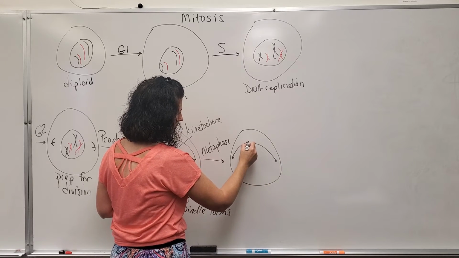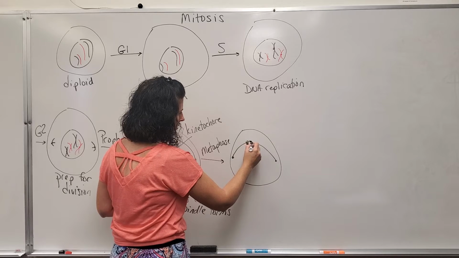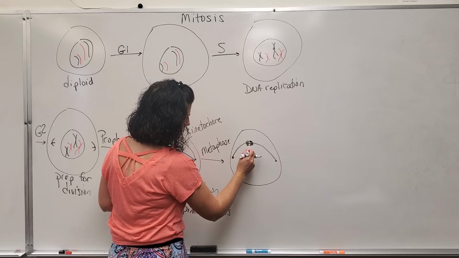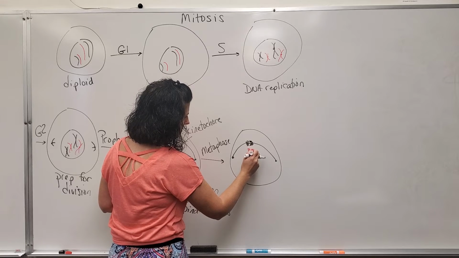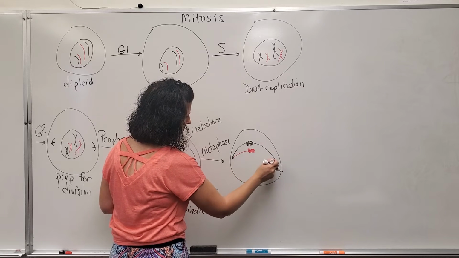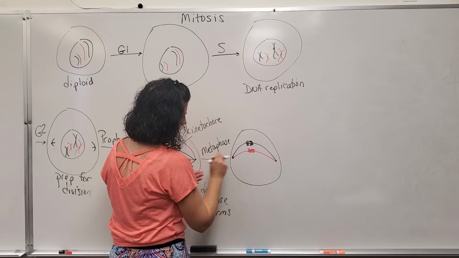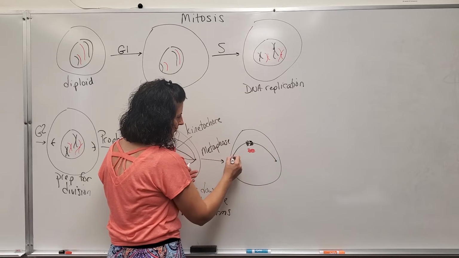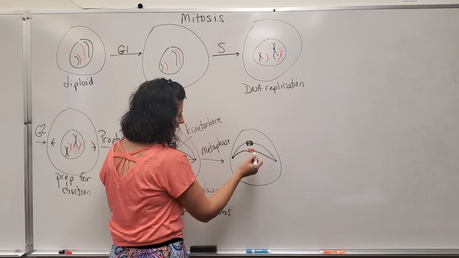Okay, so we have our chromosome 1 up here, our chromosome 2. We'll make the microtubules the same color. I don't want to confuse that issue.